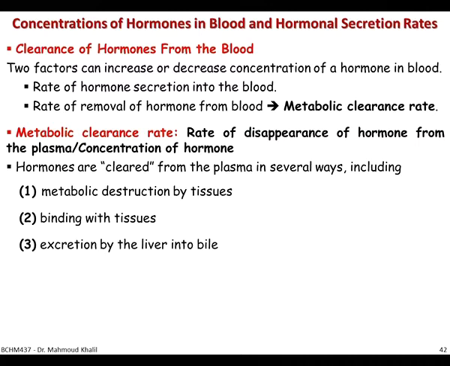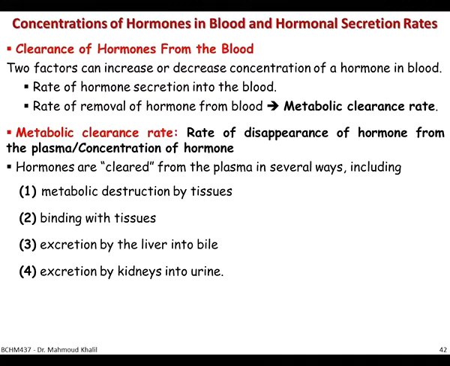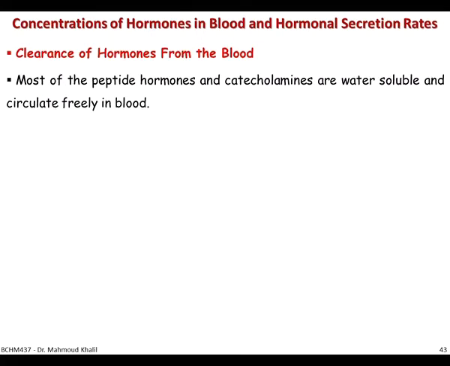The hormone can be excreted by the liver into bile, and as well, the hormone can be excreted by kidneys into urine. Okay, so these are the 4 mechanisms by which the hormone is cleared from the plasma of the blood.